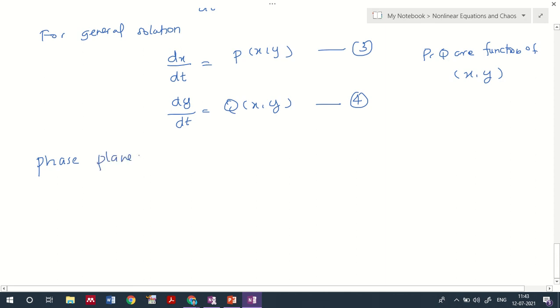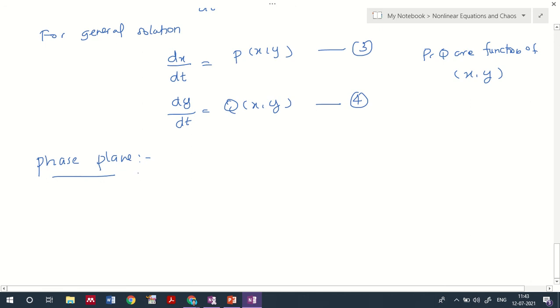Why are we doing this whole thing? How do we solve a nonlinear differential equation? For that we are deriving certain quantities and terms. So the first term I am introducing is the phase plane.